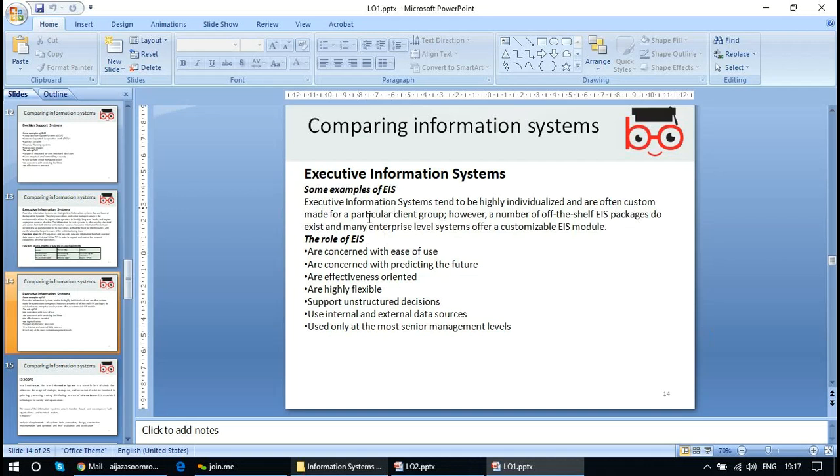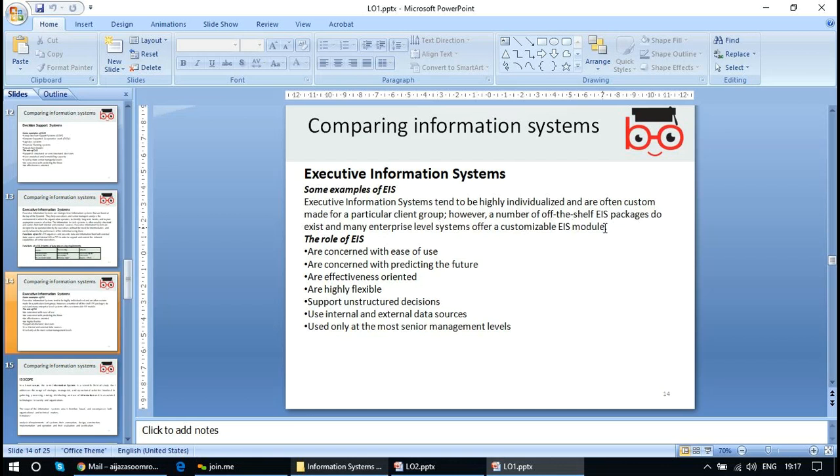These systems tend to be highly individualized and are often custom made for a particular client group. So at the executive level, they are tailor made, whatever they need for their specific needs, it is made accordingly.